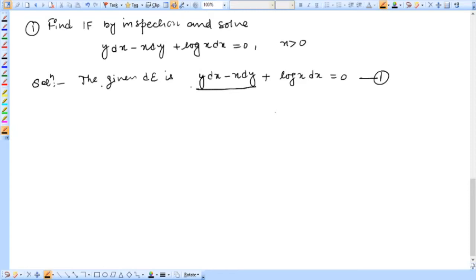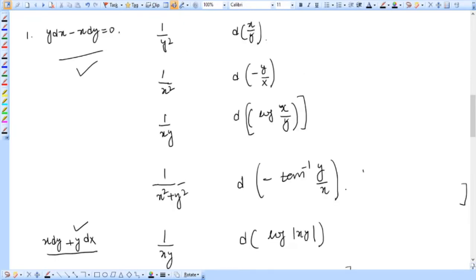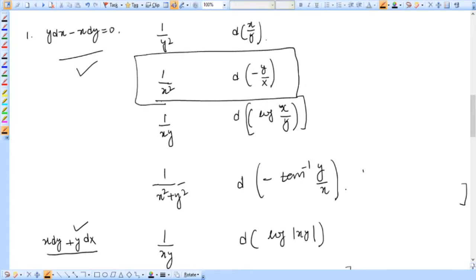As we saw in the last video, let me recap. The integrating factors of y dx minus x dy were many, and 1 over x square was also an integrating factor of the given equation, right?